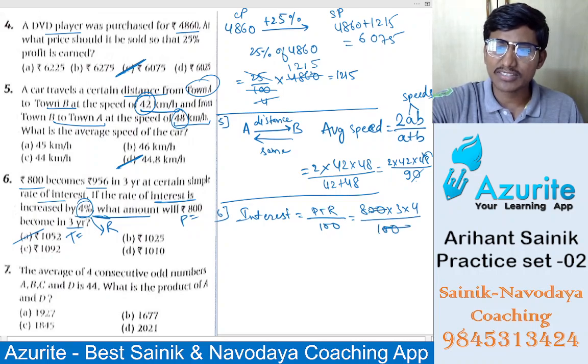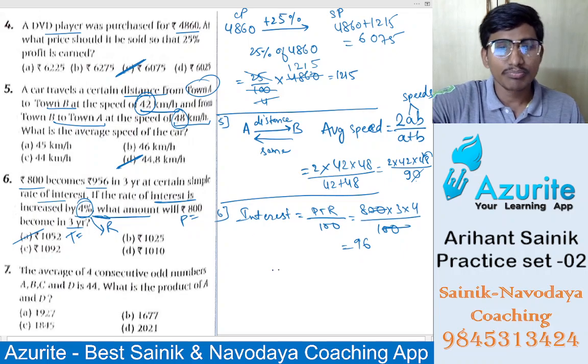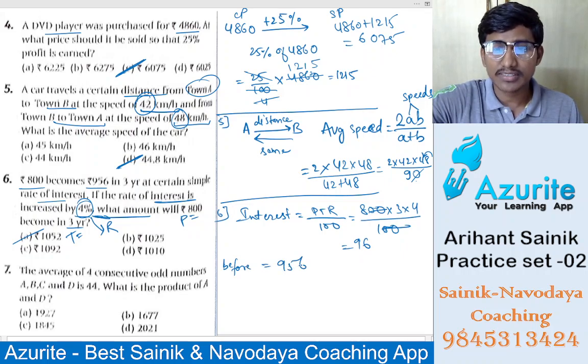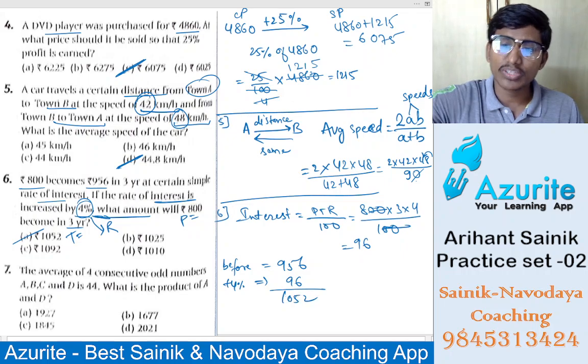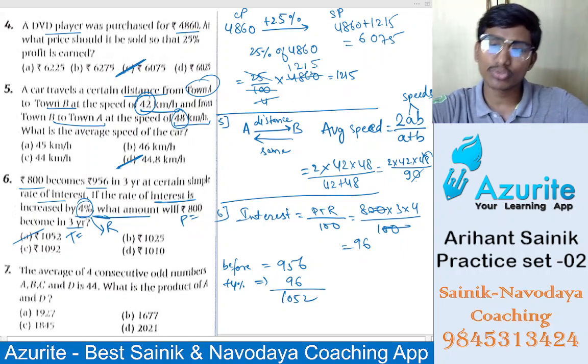These two cancel. 8 3s are 24, 24 4s are 96 rupees more. Before, the amount was 956. Then 4% more is 96. If you add, you will get 1052. So that is the answer directly. You don't have to do that much.